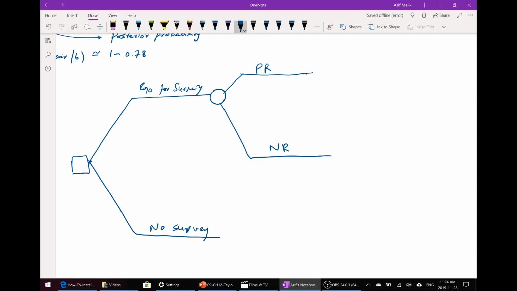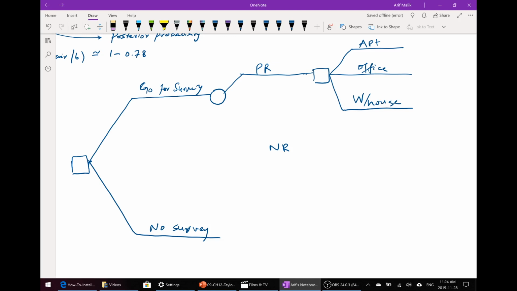Then the second decision to make is whether to invest in apartment building, office, or warehouse.